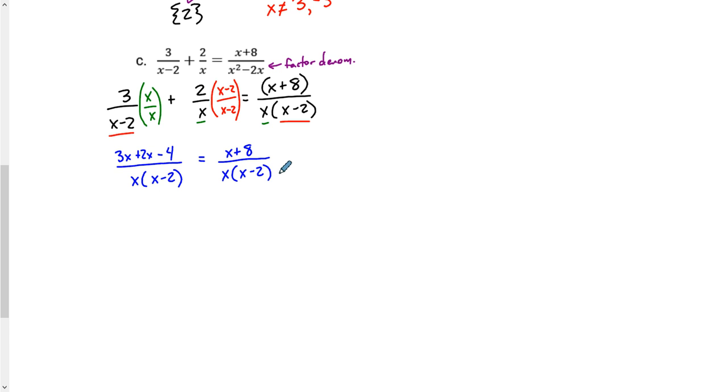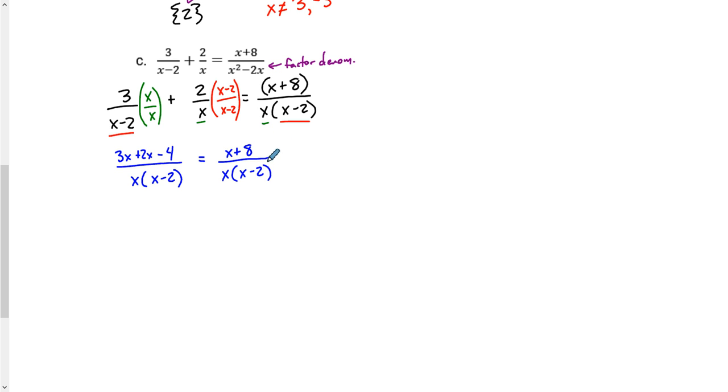And to solve this, I'm going to have to get rid of this x plus 8. So instead of writing the entire thing over an x and x subtract 2, I'm just going to get rid of the numerator because the denominators are already the same.